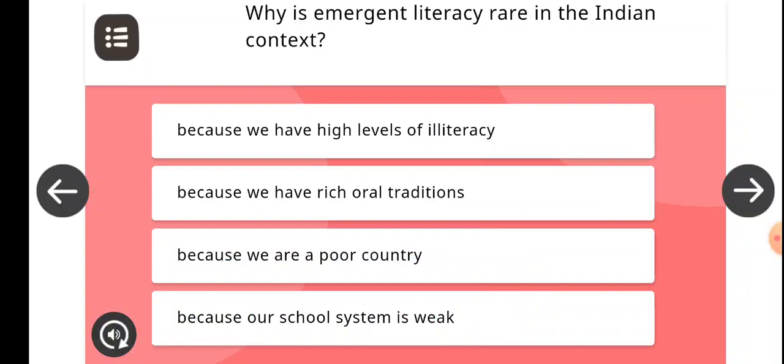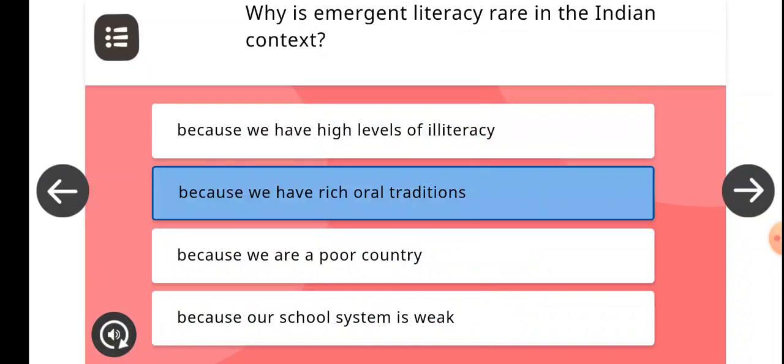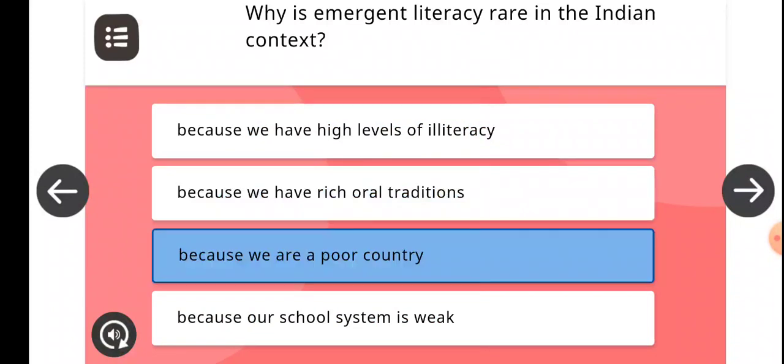Next, why is emergent literacy rare in the Indian context? Because we have high levels of illiteracy? No, more than 70% of Indian people are literate. This is not the right answer. Or because we have rich oral traditions? Of course we have oral traditions, and that too rich. Next, because we are a poor country?